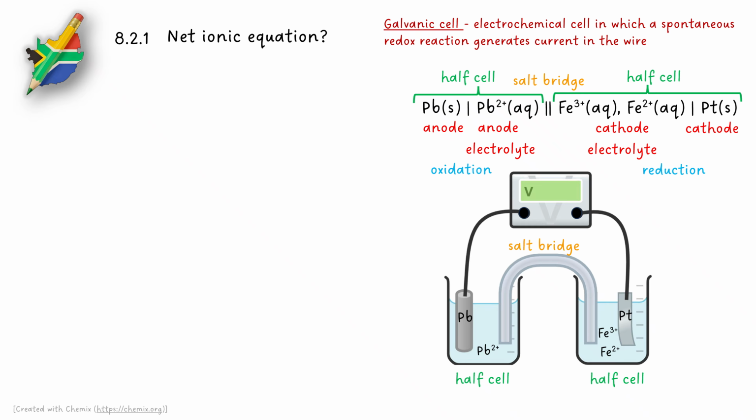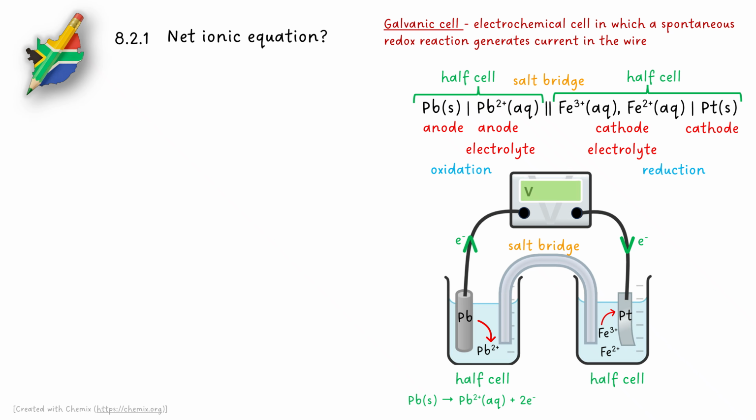Oxidation occurs at the anode and reduction at the cathode. During oxidation, the lead metal of the anode loses electrons to the wire, and these travel to the cathode. At the same time, the lead electrode loses lead 2+ ions into the solution. Specifically, 2 electrons are lost for every lead 2+ ion which goes into solution, and so this is the oxidation half reaction.